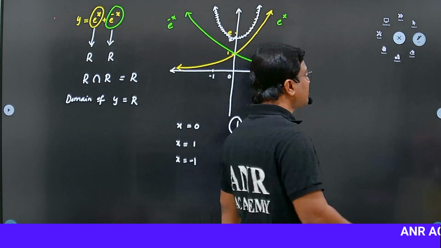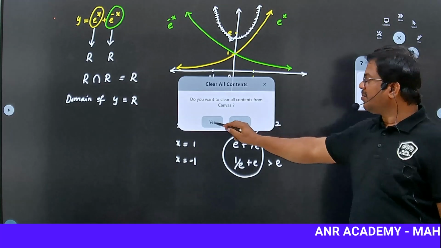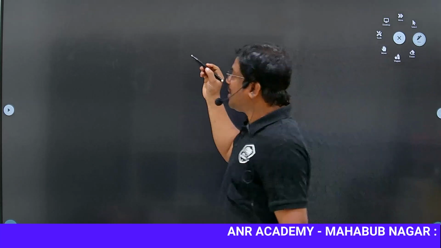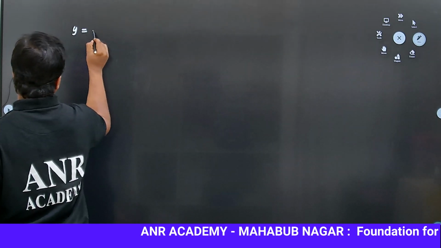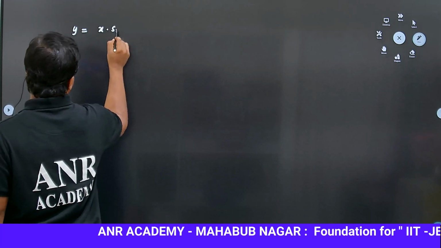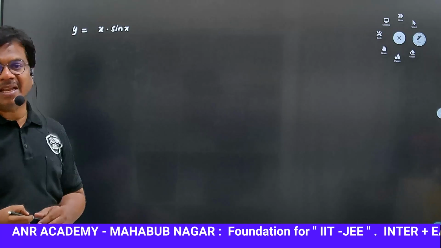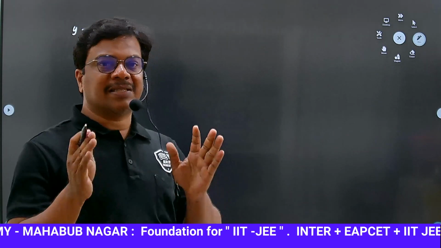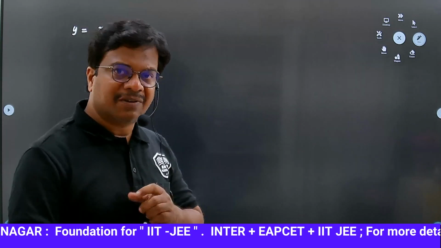Next, move to the next graph, that is of the form product of two functions. Suppose there is another function y, a product of two different functions, y equal to x into sin x. First you have to decide the domain, whether it is addition, subtraction, multiplication or division, whatever it is.